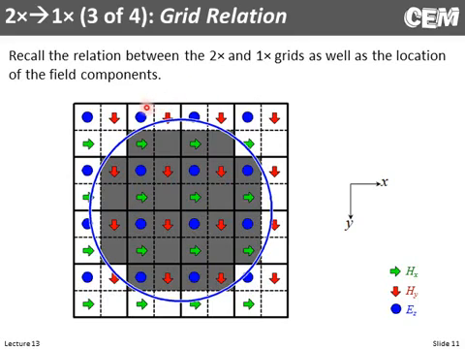An example of that is this second cell here. Even though what I'm outlining now is one cell on the Yee grid, we can see that the HX and the HY component, one's inside the material and one's outside the material. So clearly, whatever material properties we assign to HY are going to be different in this cell than they are for HX. So let's look at how to sort all this out.